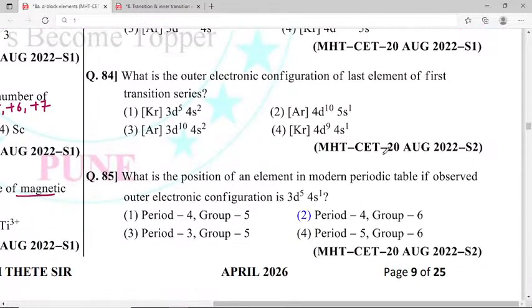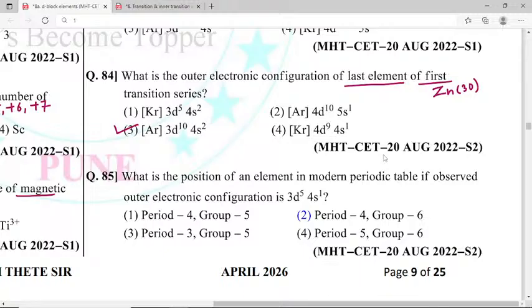What is the outer electronic configuration of the last element of the first transition series? The last element of the first transition series is zinc, atomic number 30, 3d10 4s2.